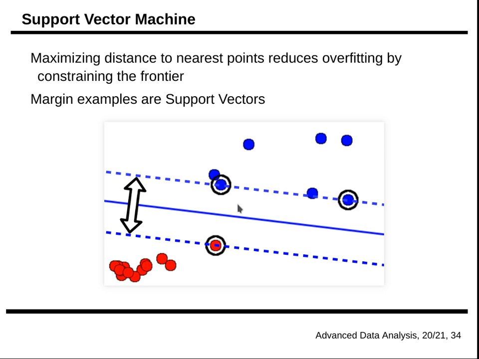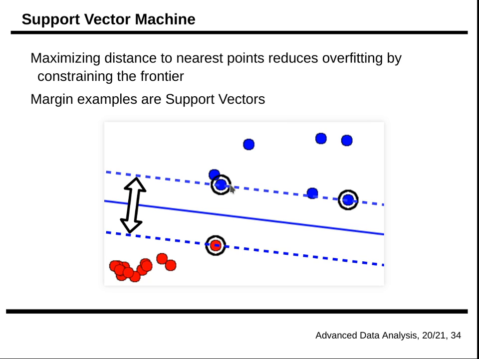There is no way to put the discriminant that would give us a greater distance to the nearest points. And once the discriminant is stuck here by these support vectors, the others don't really matter because they are further away from the discriminant, so they are not determining where the discriminant must be. So this is the basic idea behind the support vector machine.